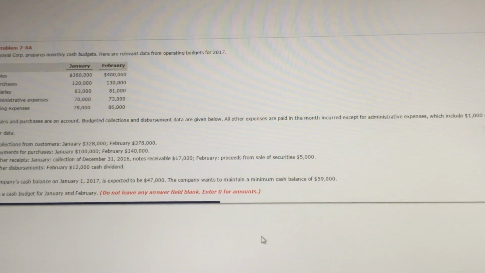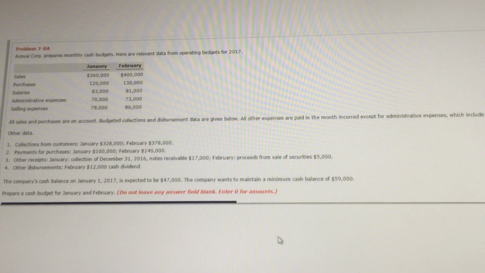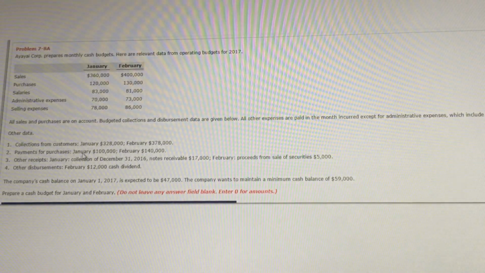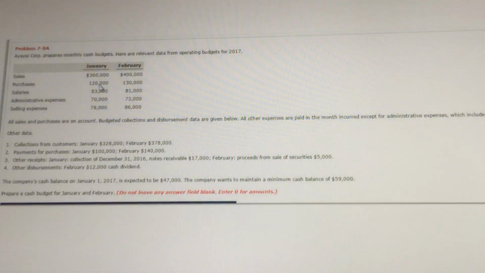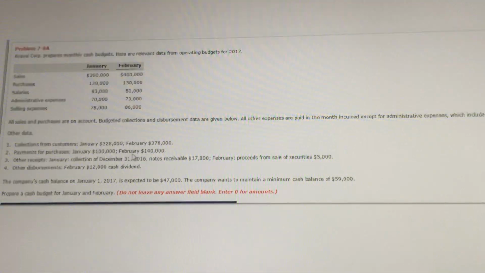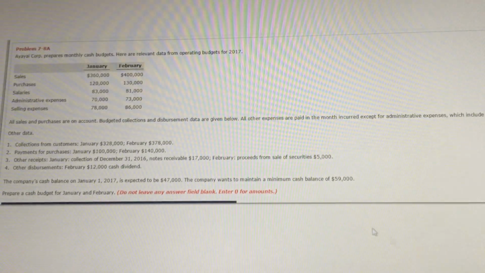Right here, if you look, it says that the payments for the purchases for January was $100,000. I had used the $120,000 and the $130,000, but you need to use the $100,000 and the $140,000.